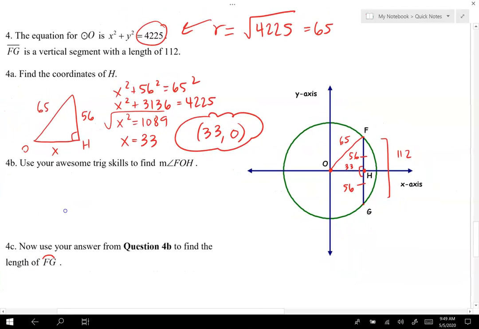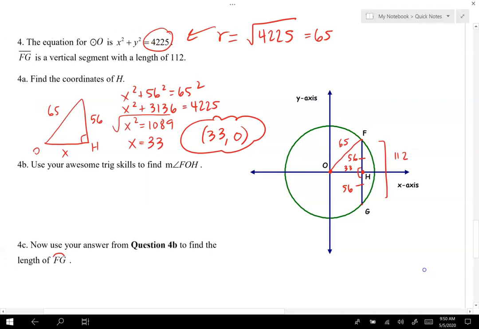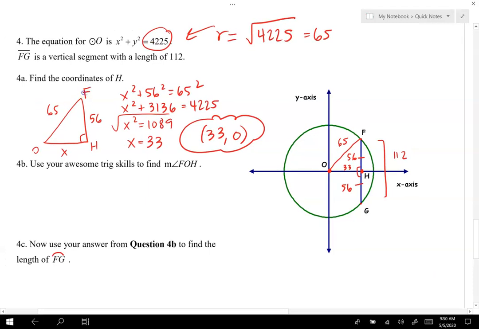Now we're going to use our trig skills to find the measure of angle FOH. So I'm going to redraw the triangle here. And because we have all the sides at this point, you can use any right triangle trig function that you like. I'm going to call this y. So I'm going to use tangent because that's my favorite. I don't know why.